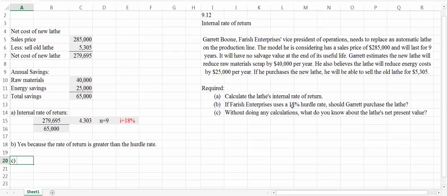So remember that anytime there's a positive net present value, that means that the project has a rate of return greater than the hurdle rate. So we're going to say we know the net present value is positive since the rate of return is higher than the hurdle rate.